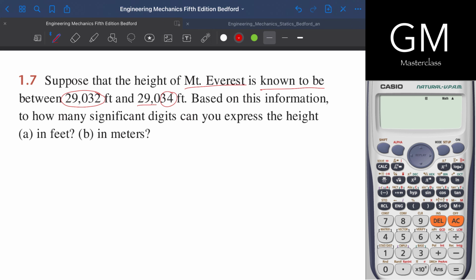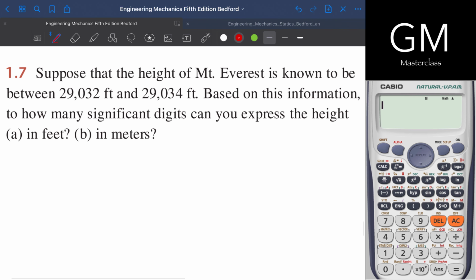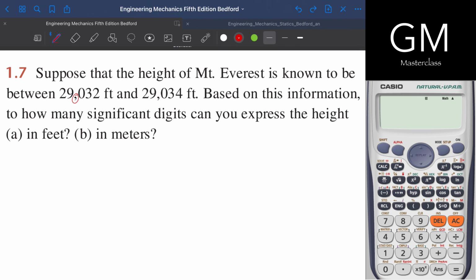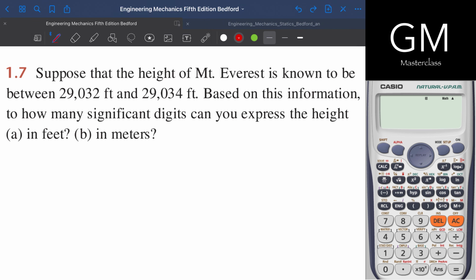So the first thing that we have to notice here is that when the book, which is the Engineering Mechanics 5th edition by Bedford, is using this kind of notation, then the book is referring to thousands, not to decimal numbers.